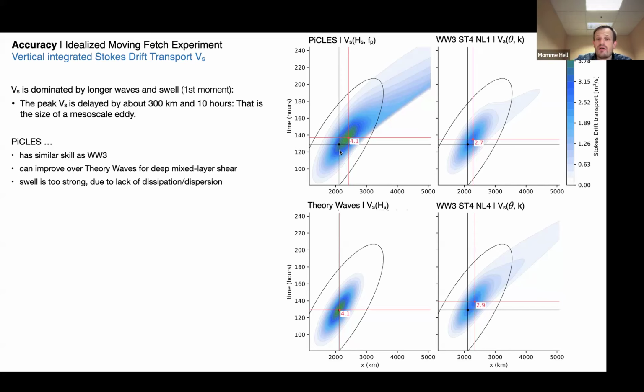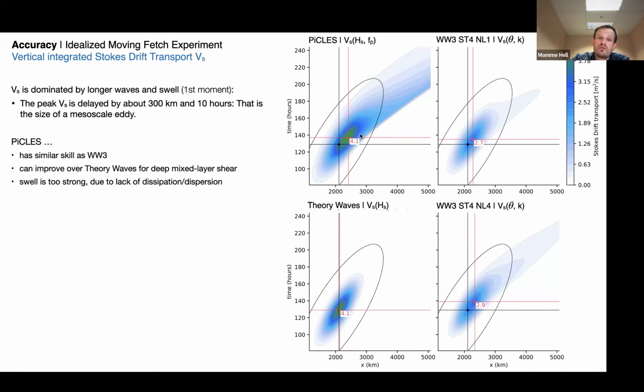And that's where Theory Waves, which is on the lower left, actually might be at a disadvantage. So Theory Waves does also give me a Stokes drift transport, but only as a function of wind speed. It cannot give me any non-local information from the winds. WaveWatch can do that, and Pickles can do that too, but Pickles does this for a fraction of the cost, as I'll show you in a second.